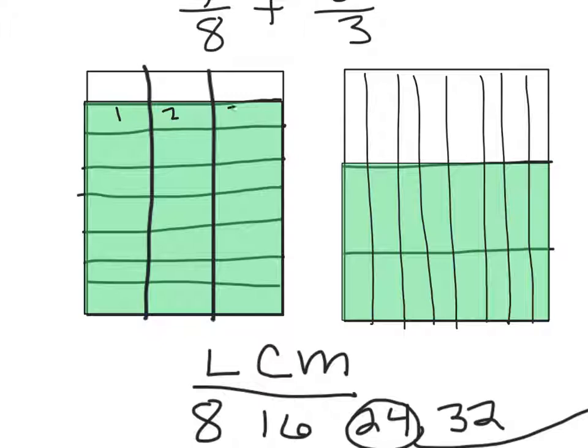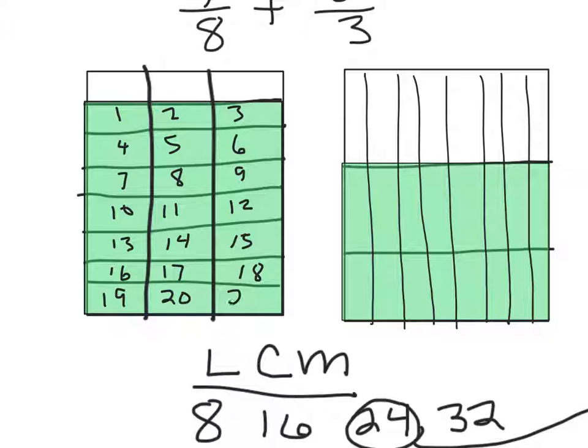I'll go 1, 2, 3, 4, 5, 6, 7, 8, 9, 10, 11, 12, 13, 14, 15, 16, 17, 18, 19, 20, 21, 22, 23, 24, 25, 26, 27, 28, 29, and 30, 31, 32, 33, 34, 35, 36, and 37.